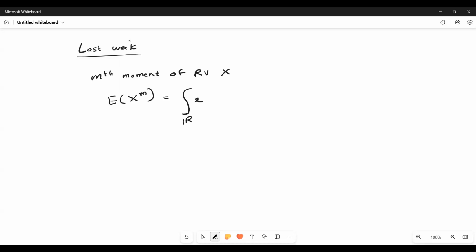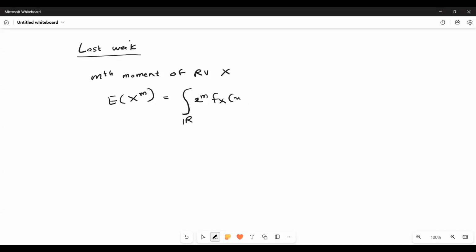Then we will do the integration of x to the power m times the PDF of that variable, which is x. I will write a simple x inside here.